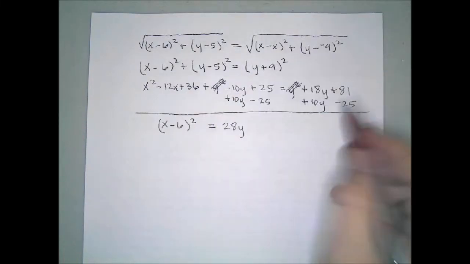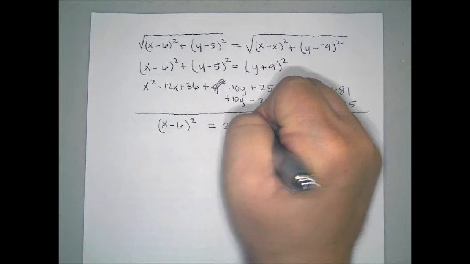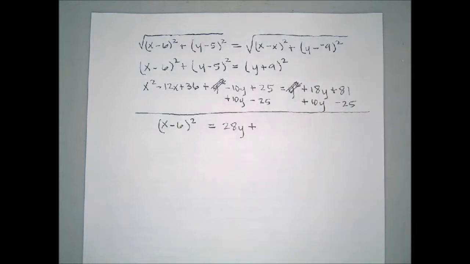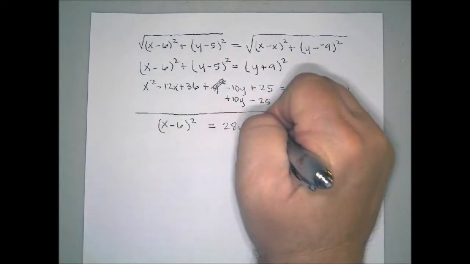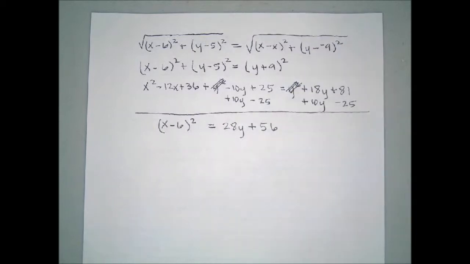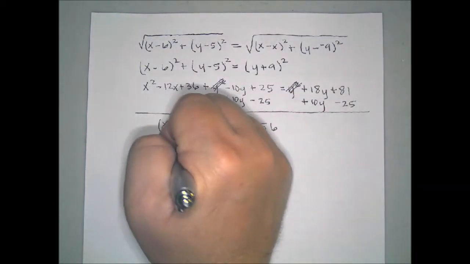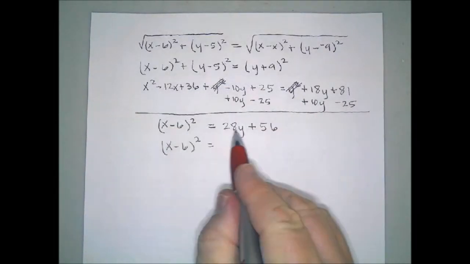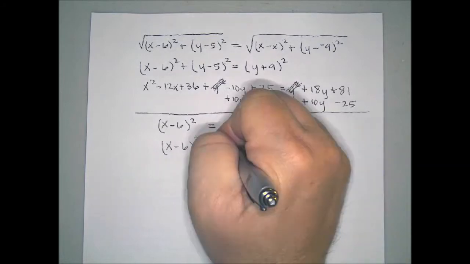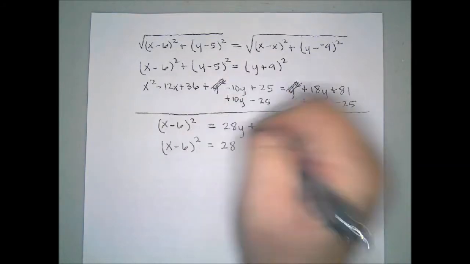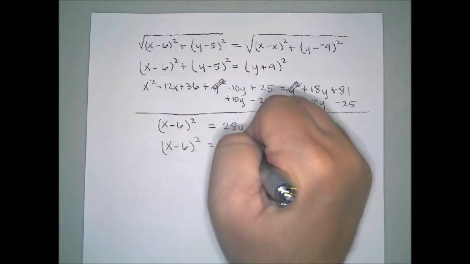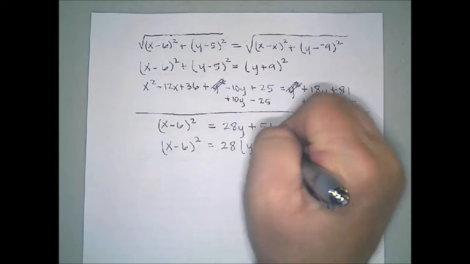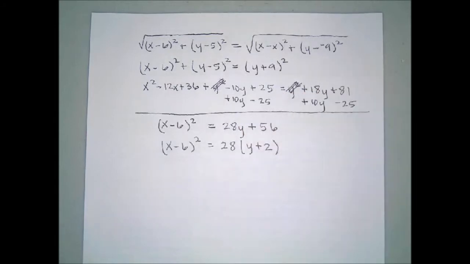I'm combining like terms. And then this would be 81 minus 25 is 56. Now, I'm going to say x minus 6 squared equals, I'm going to factor a 28 out. And I'm going to get y plus 2.